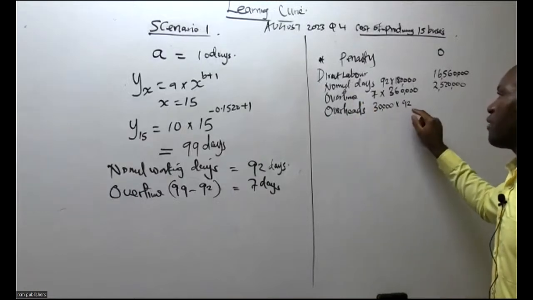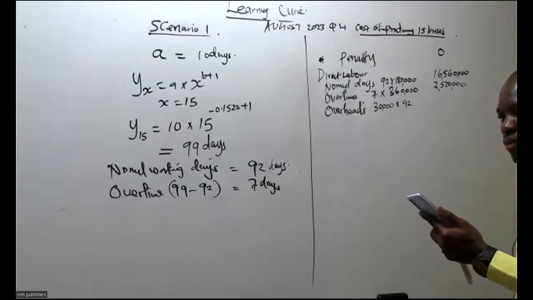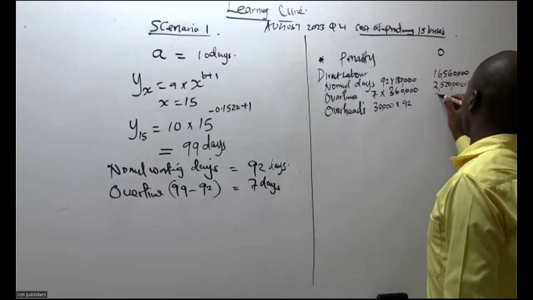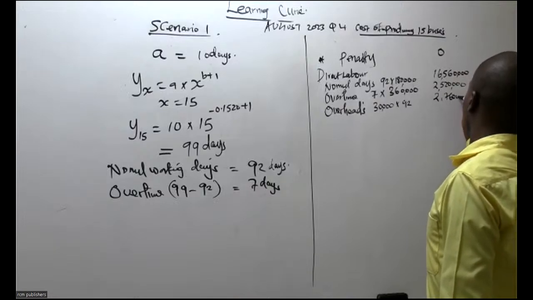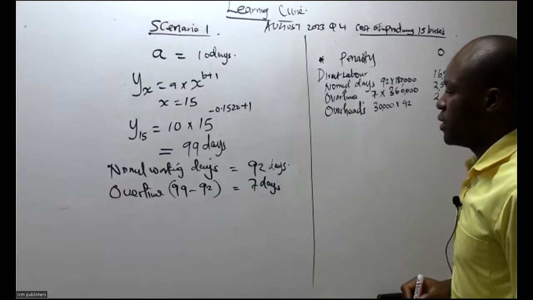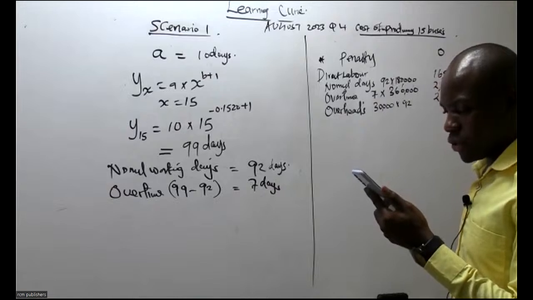How much is the overheads? 30,000 by 92. 2,760,000. Good.